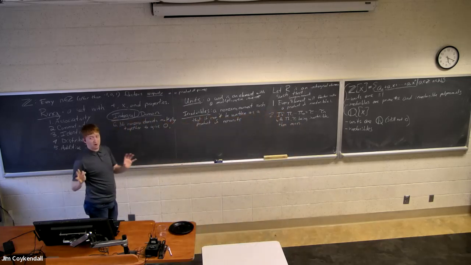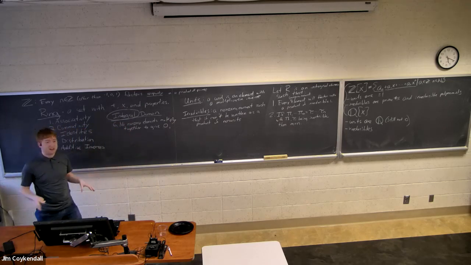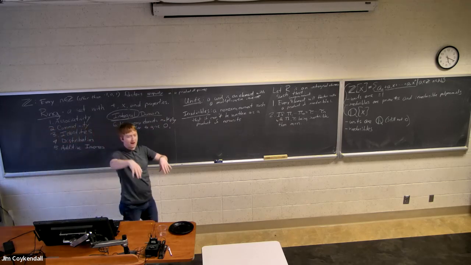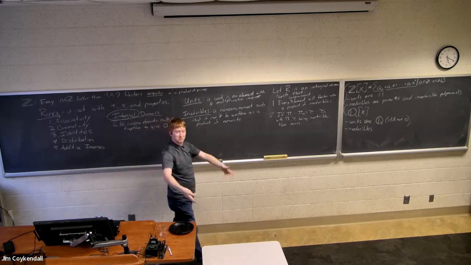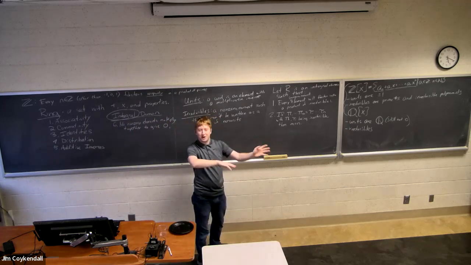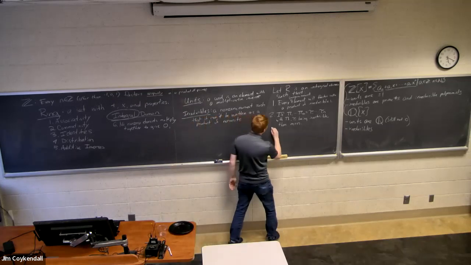So again, so far we're not requiring that these factorizations are unique. We're just saying if we do have two factorizations, they should be of the same length. The same number of irreducibles should go into building the product, no matter how we decide to do that.